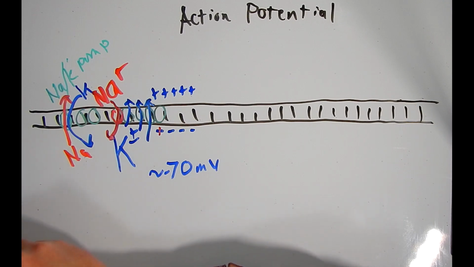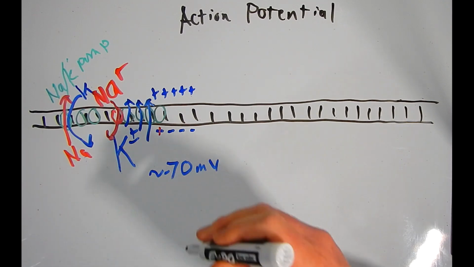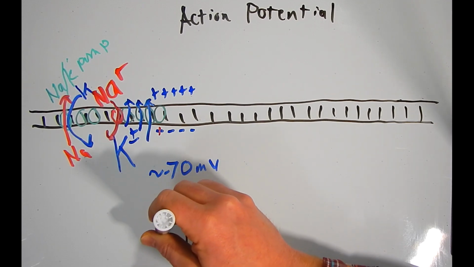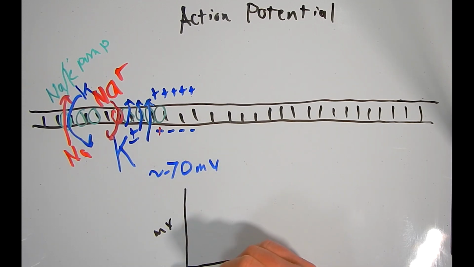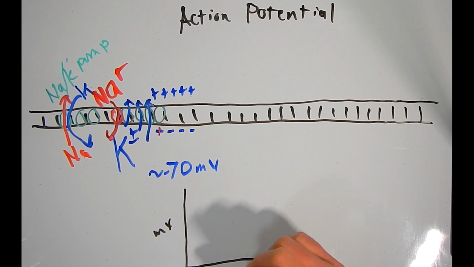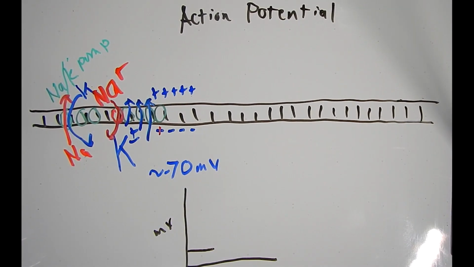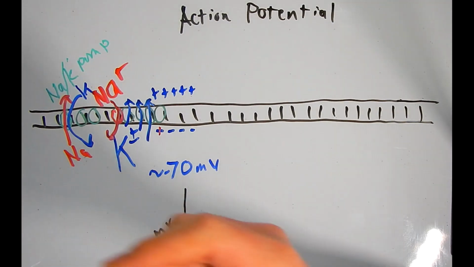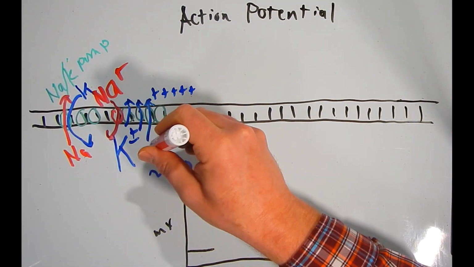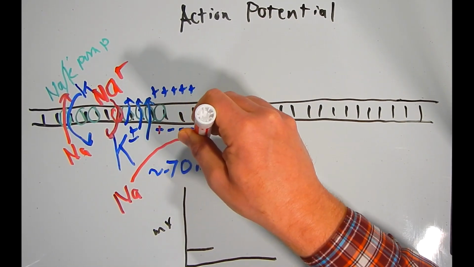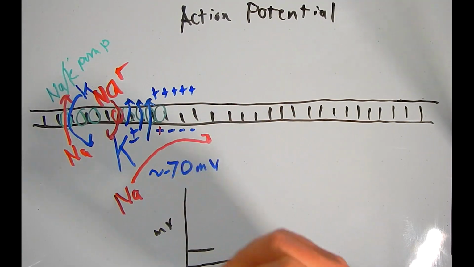That brings us to our initial depolarization. The initial depolarization occurs when additional amounts of sodium move into a region of the cell.